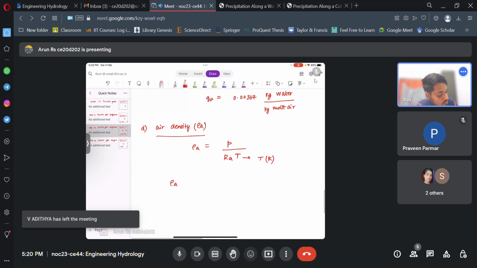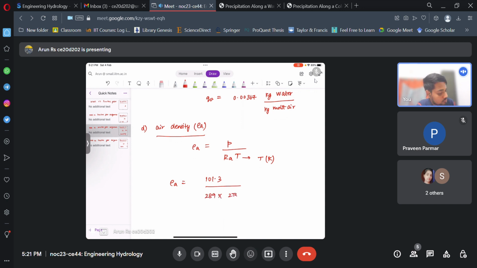So your air density is given by rho = P/(RT), and this is 101.3 divided by 0.287 multiplied by (273 plus 50).